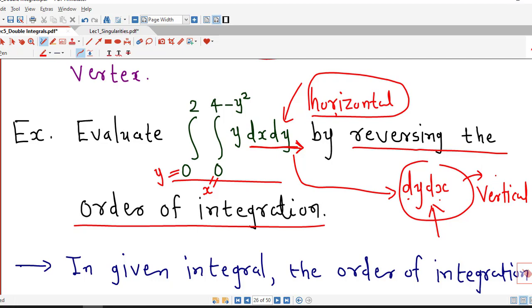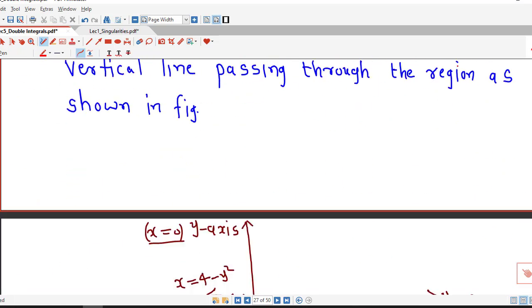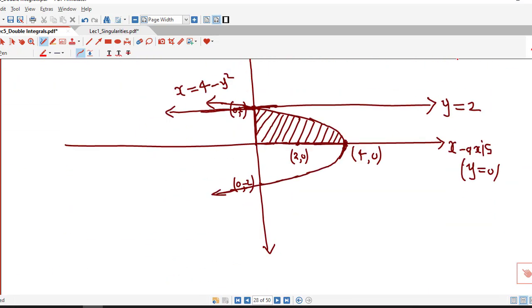Therefore we must consider vertical line to change the order of integration. So now we consider vertical line passing through the region, and here there is no problem. We can consider vertical line in any part of the region. It will enter on the same curve and it will leave on the same curve.